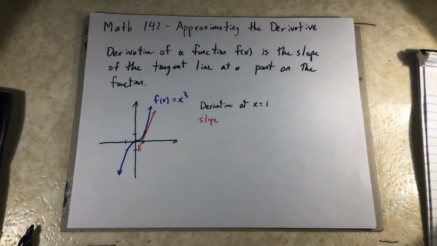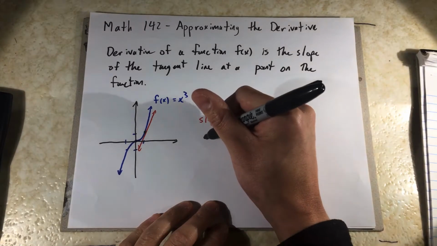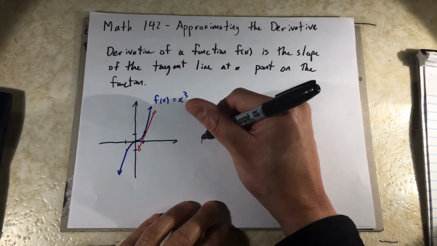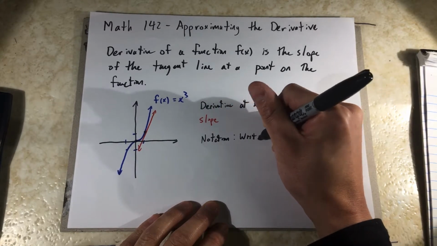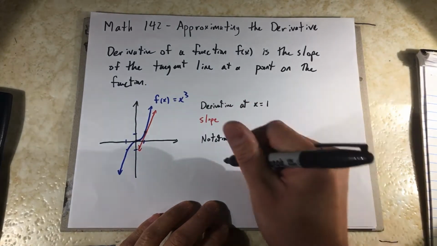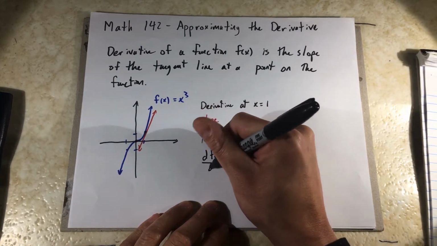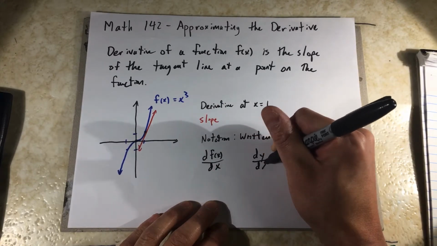Okay. All right. So some notational things that I want to talk about first: the derivative is usually written one of two ways. You'll see it written either df of x dx, or you'll see it written dy dx.